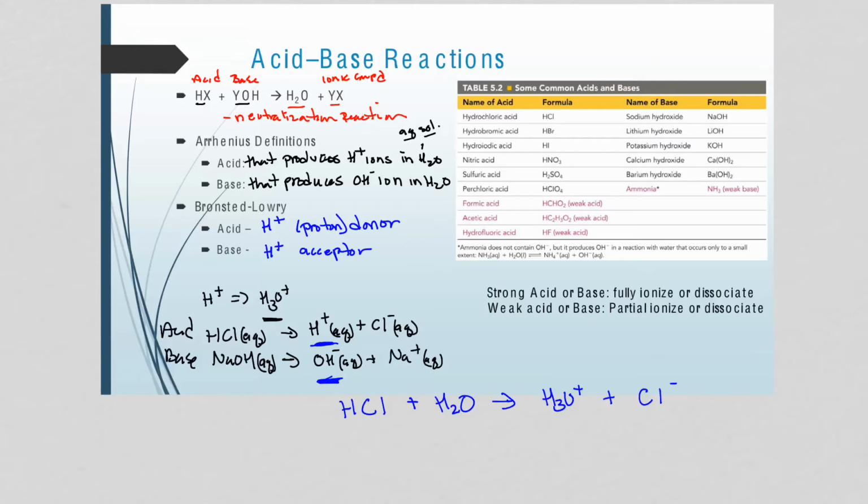What we can see is that an H+ moves from here to here, right?